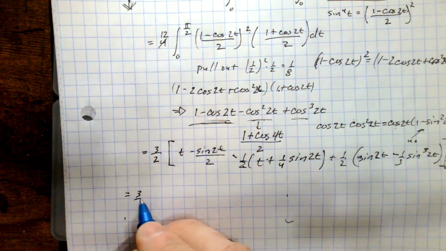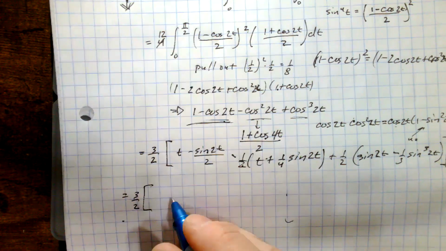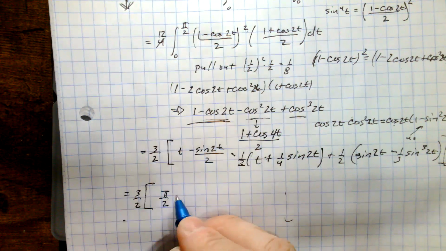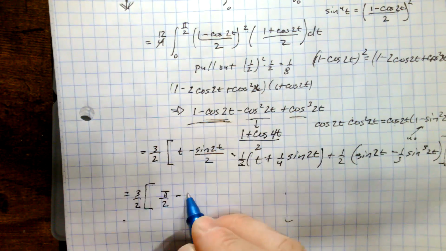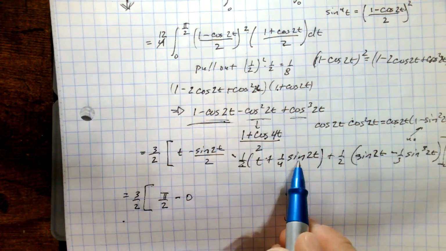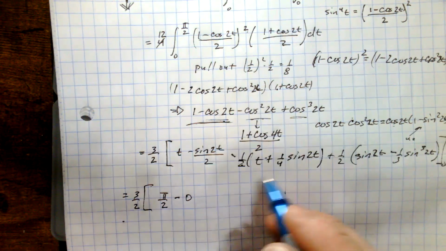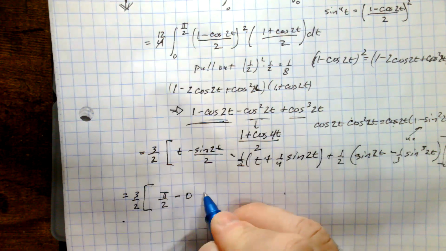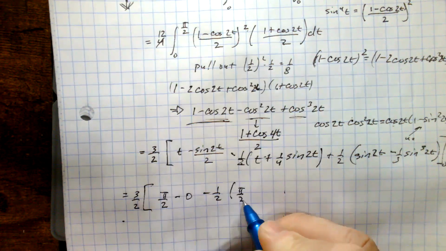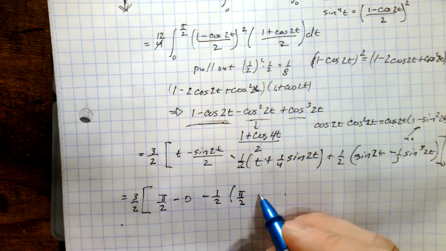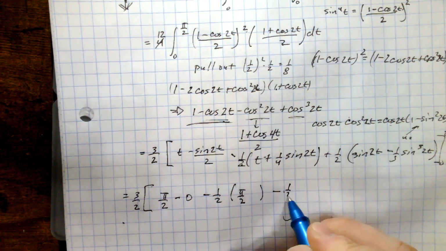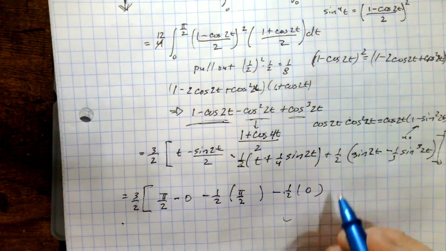So we get 3 halves times pi over 2, then 0, 0, 0, 0, minus 1/2 times pi over 2. The rest are zeros.